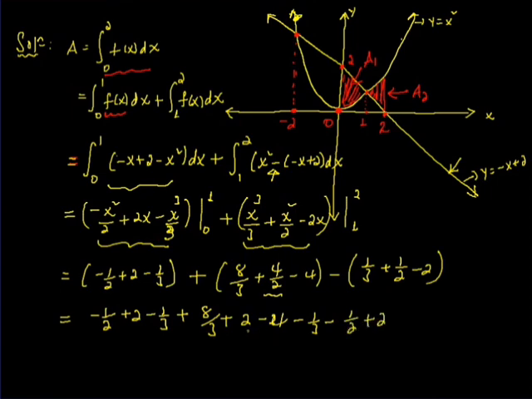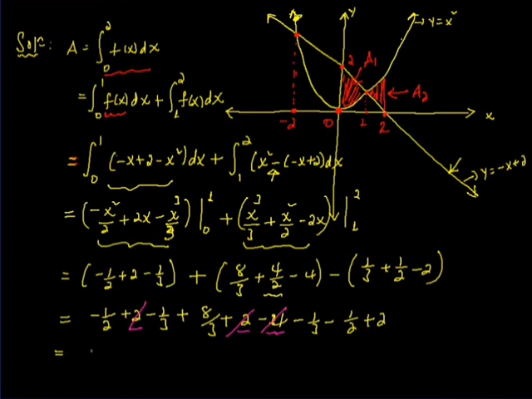So here we can simplify things. 2 plus 2 is 4. We have minus 4, therefore all these things become eliminated. The other thing is here, let us rewrite the things.